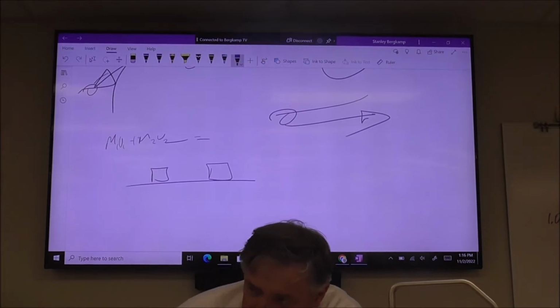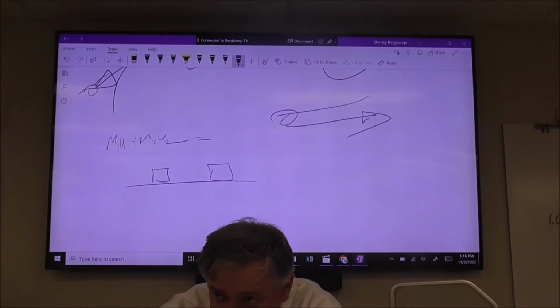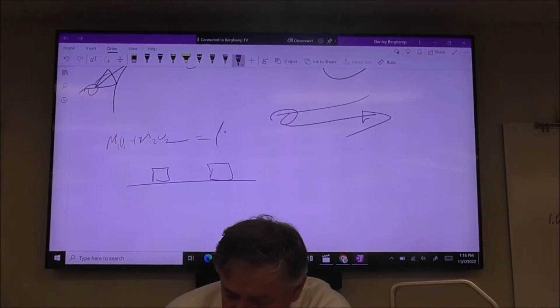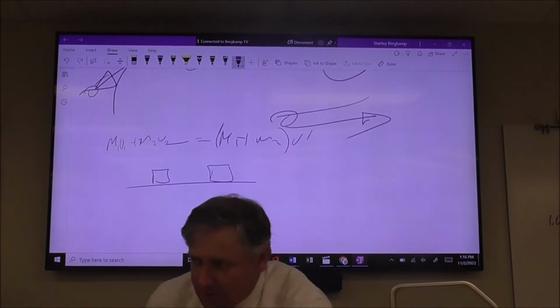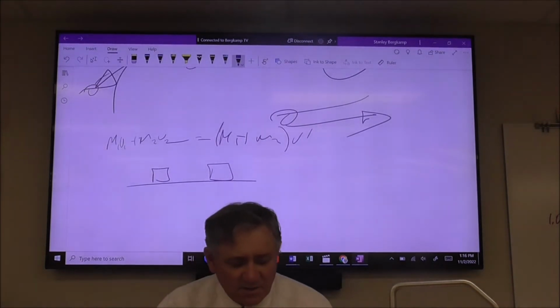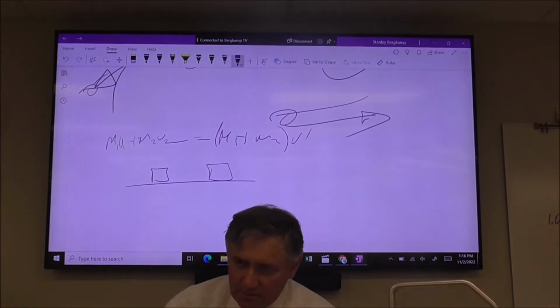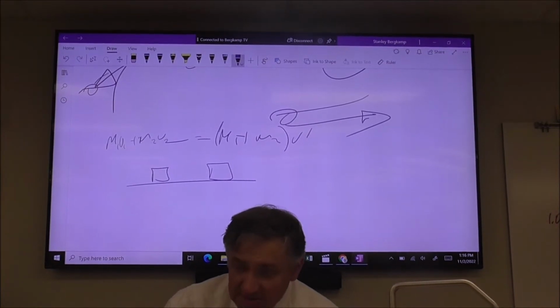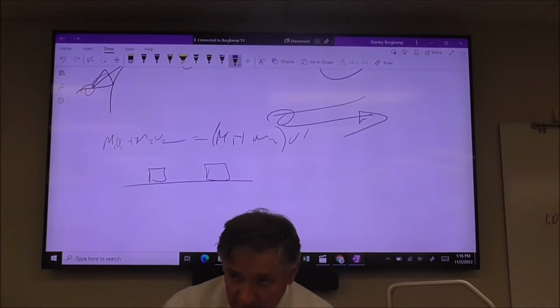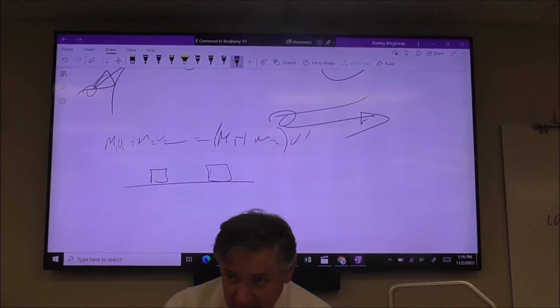So what's going to happen on the right side of that equation? It's going to be M1 plus M2 times V prime, right? So the first thing that you've got to do is calculate that new velocity. And that should be a negative value, at least how I set it up.